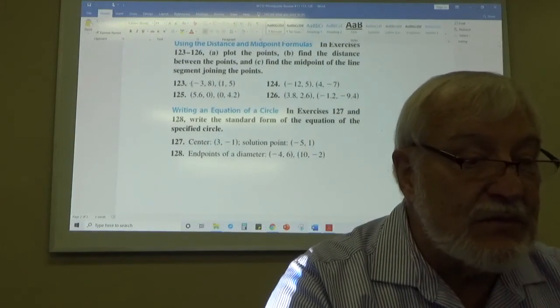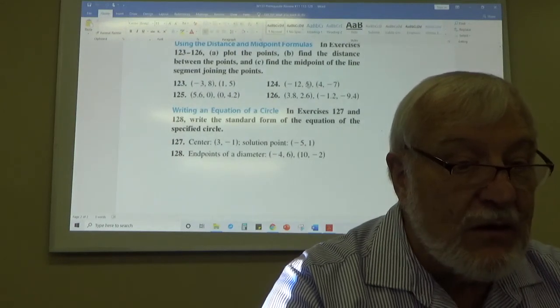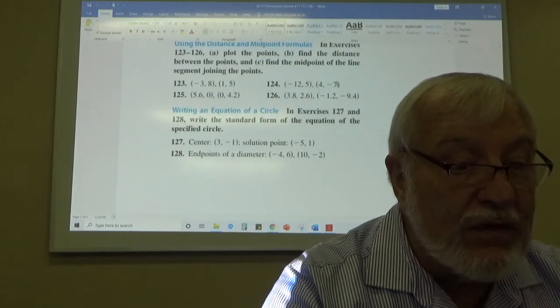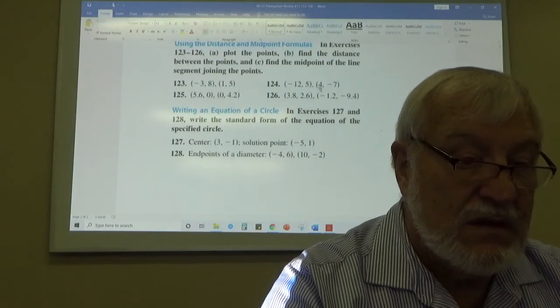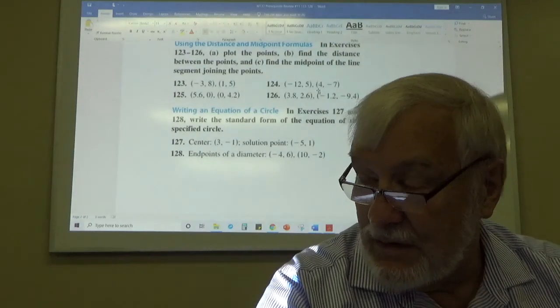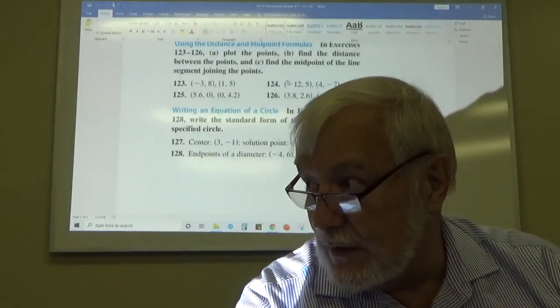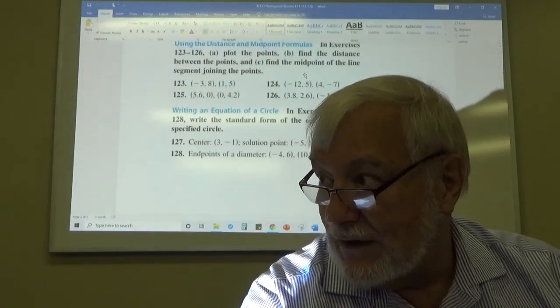The distance between those points is 5 units. Here the distance is 12, and here the distance is 16, which is 4 times 3 and 4 times 4. So that makes the distance on the other one 20.